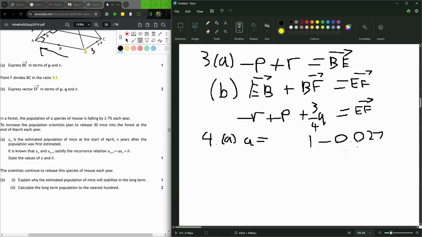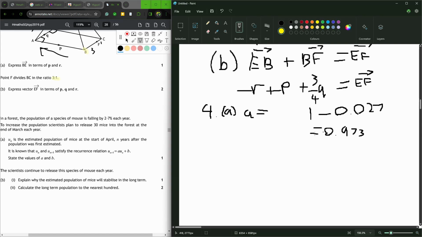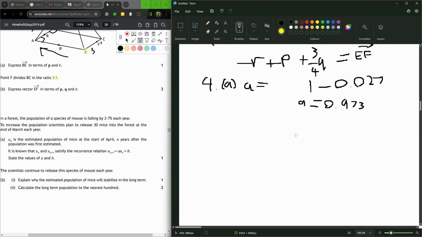And remember, we need to convert this into decimal, right? So we go 0.027, and what does that give us? It gives us 0.973. Right? Cool. So that's going to be A, and that's literally all you need to do for A.